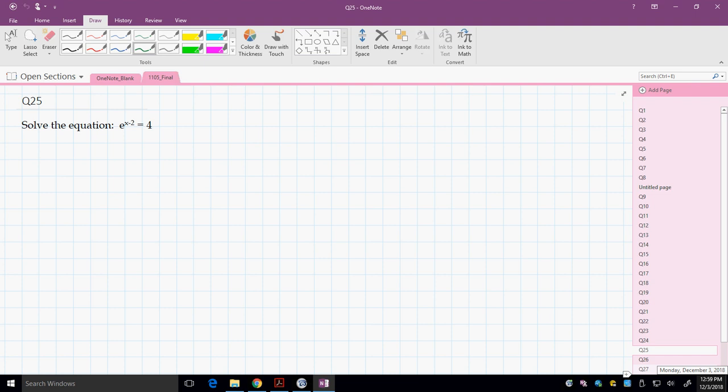Now question 25. Solve the equation. I have e raised to the x minus 2 equals 4. In order for us to bring down the exponent, so we can solve like a regular equation, we need to cancel e with ln, which is a natural log.